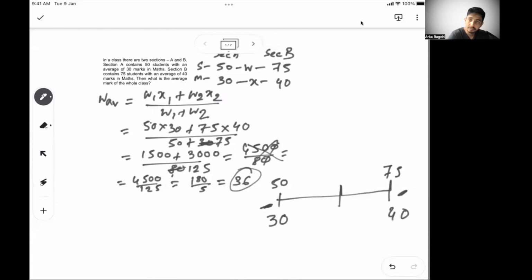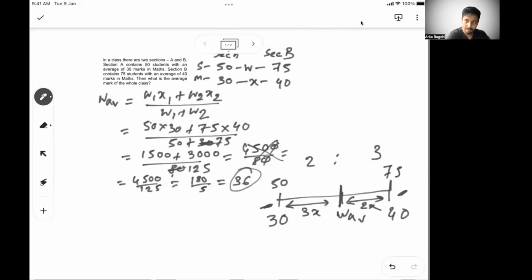So what's the ratio of the weight? The ratio of the weight is 2:3. So if the ratio of the weight is 2:3, then the distance of the weighted average from each end should be in the reverse ratio. So this distance should be 3x and this distance should be 2x.